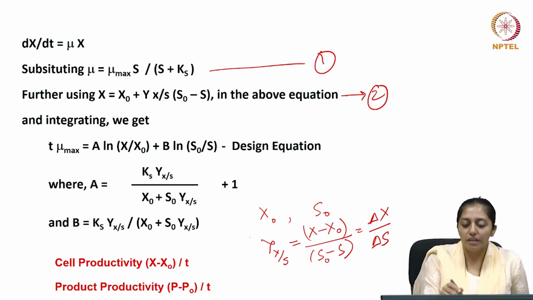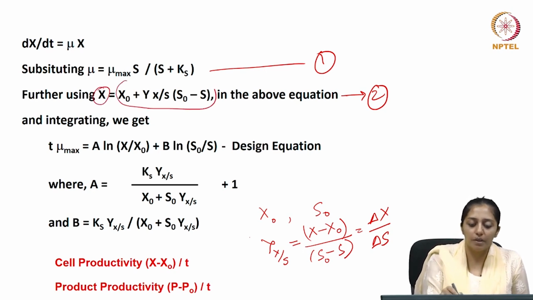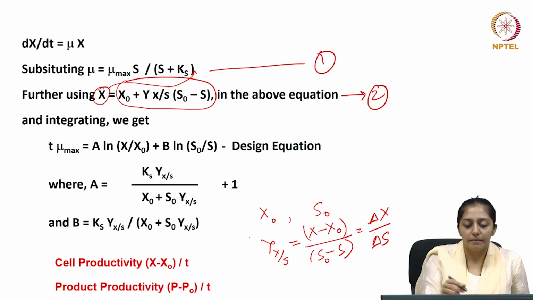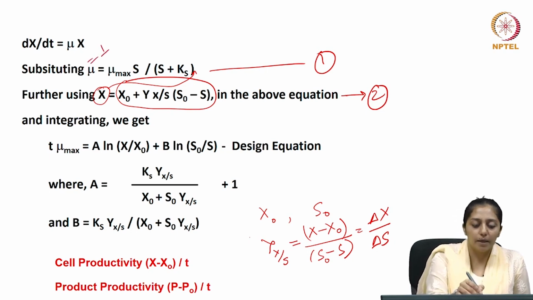So, now using these two equations, where mu can be substituted as 1 by x dx by dt, if we integrate after substituting x in terms, doing the rearrangement so as to bring this x variable in terms of S, and then substituting this x in terms of S in equation 1 and integrate, where mu is 1 by x dx by dt.